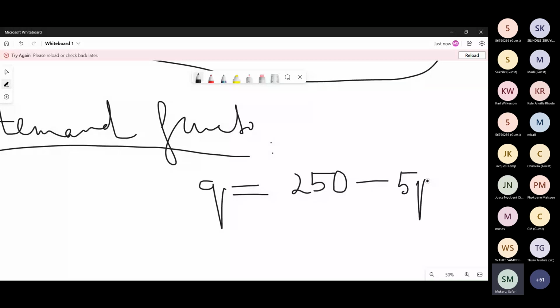But remember, always remember that P is always the price per unit, right? And Q is the number of items.